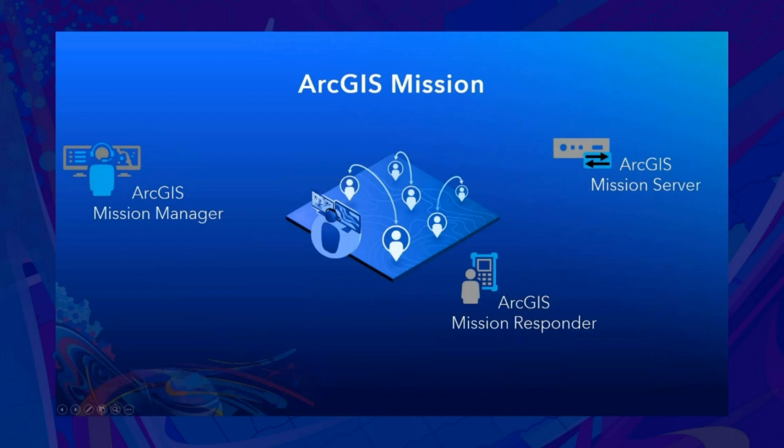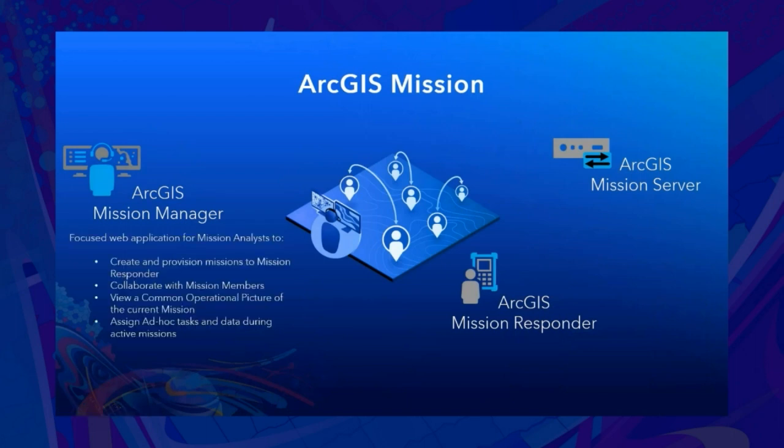ArcGIS Mission is made up of three parts, starting with ArcGIS Mission Manager. The ArcGIS Mission Manager is a web-based application built for mission analysts to create and provision missions to mission responders. Additionally, the Mission Manager acts as a collaborative space for all mission members.